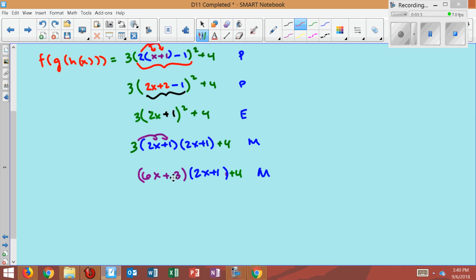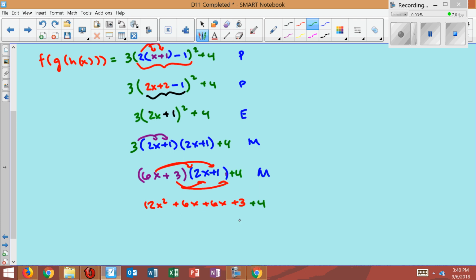And so this time I would go FOIL method. So 6x times 2x is 12x squared. 6x times 1 is plus 6x. 3 times 2x is plus another 6x. And then 3 times 1 here is positive 3. Now we multiplied, and I still have this plus 4 out here.